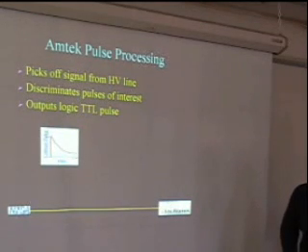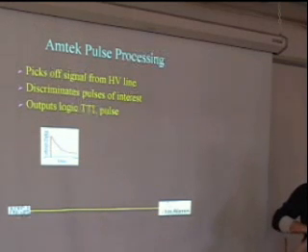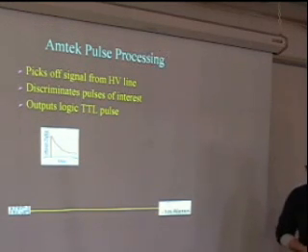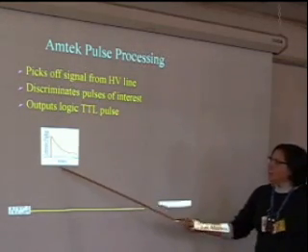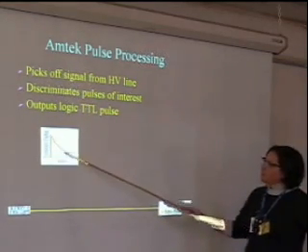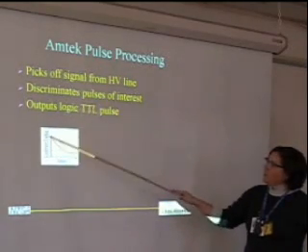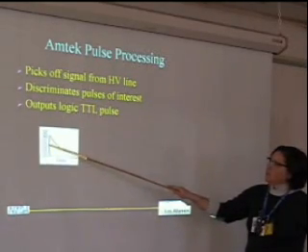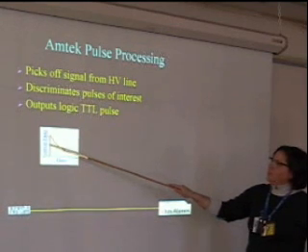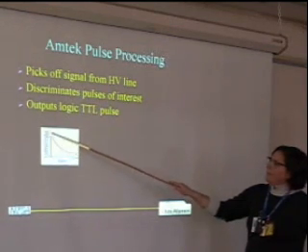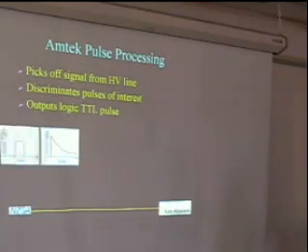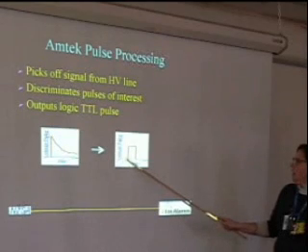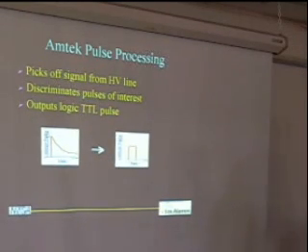The electronics, pulse processing: I was going to bring a little Amptek circuit in, but I forgot it. Basically, the electronics takes this pulse coming out of the detector and picks it off from the high voltage line, sets a discriminator to discriminate pulses of interest, and then once the discriminator triggers on a pulse, it outputs a logic TTL pulse.